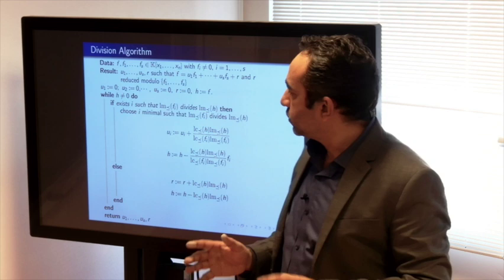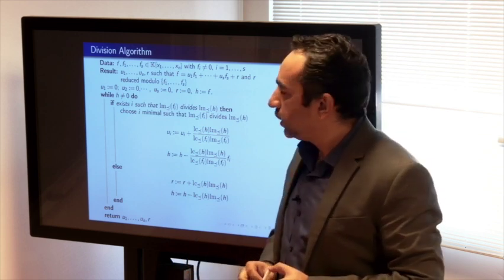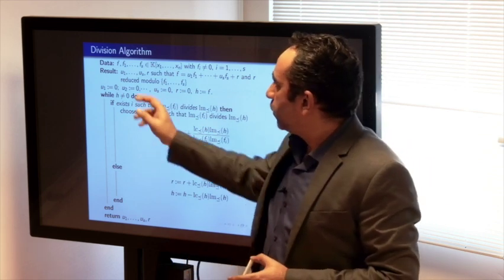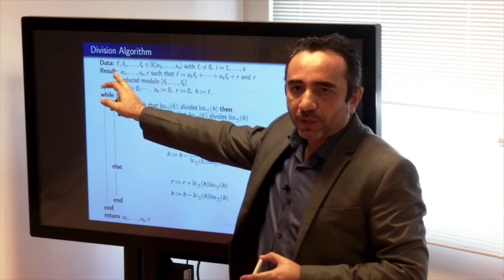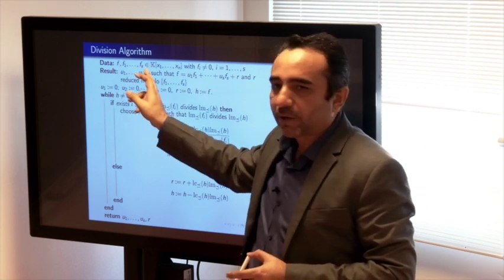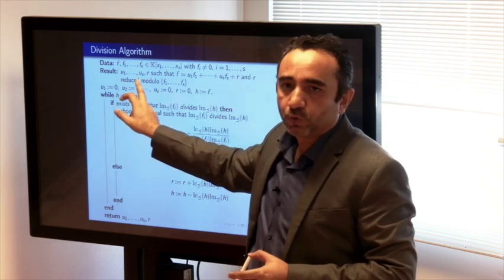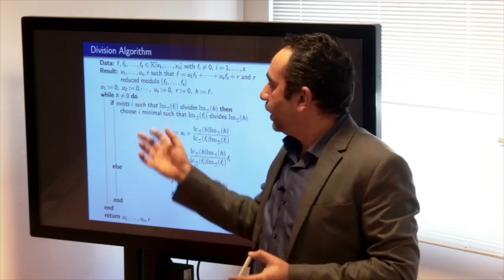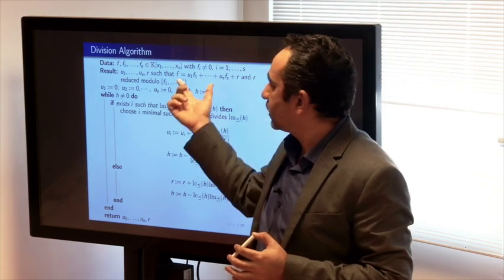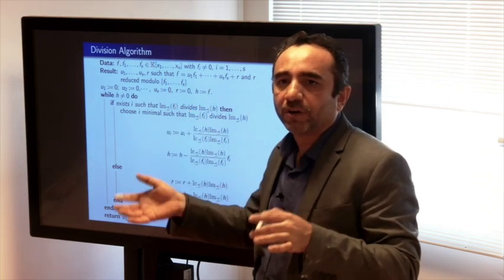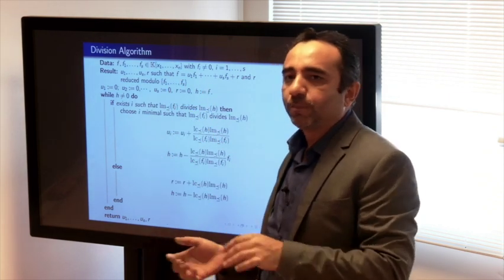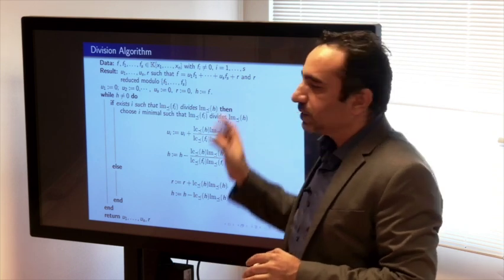This is just a matter of labeling. The input is a single polynomial f and a set of polynomials f1 up to fs, and the output is the quotients u1 up to us, and then a remainder r. What we want is the expression f equals u1 f1 plus u2 f2 plus so on up to us fs plus r.